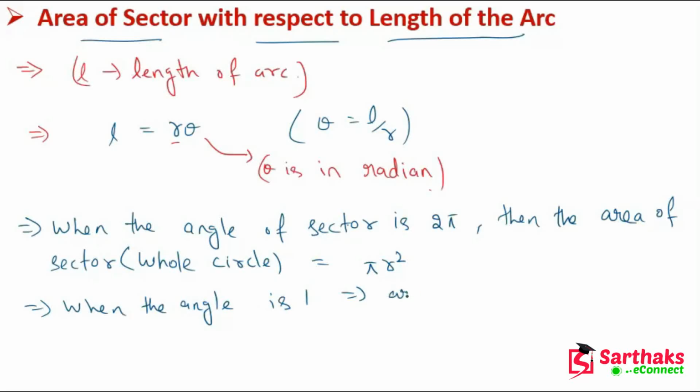Area of sector is equals to pi r square divided by 2 pi. We can write it like this. Now, from this, pi will be cancelled, so it will become r square upon 2.